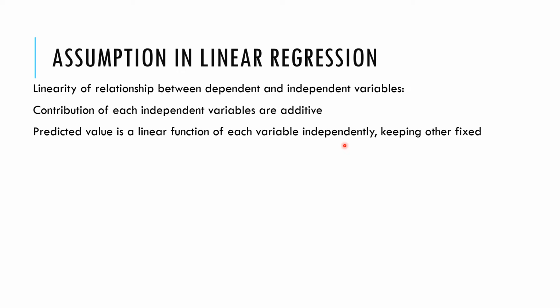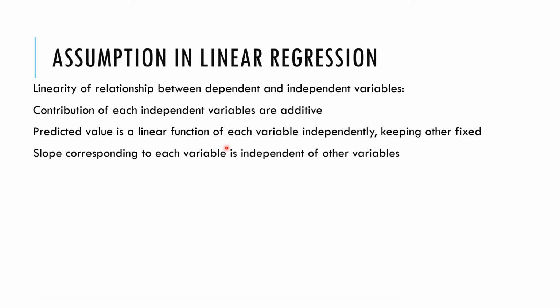What this is saying is that y is equal to theta naught plus theta 1 x1 while keeping x2 and x3 fixed. Similarly, its relationship with x2 would be linear: y is equal to theta naught plus theta 2 x2 while keeping x1 and x3 fixed. This is what this line is saying.